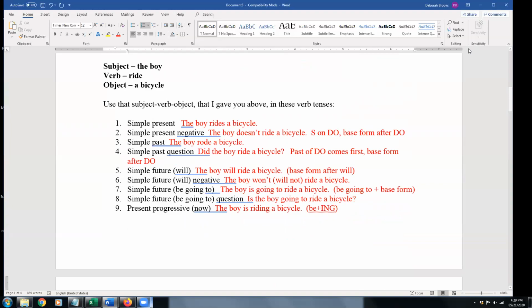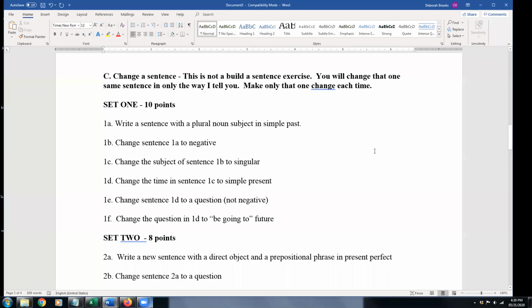All right, let me write a sentence with a plural noun subject in simple past, a plural noun. My children bought flowers.